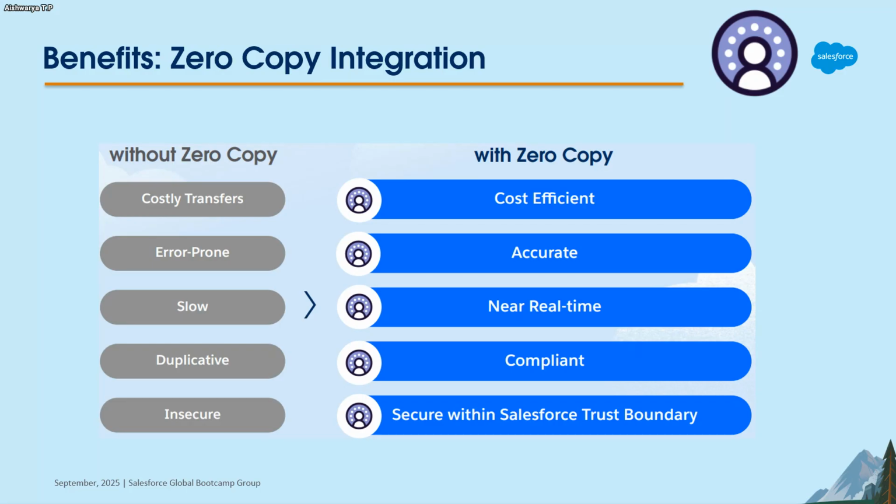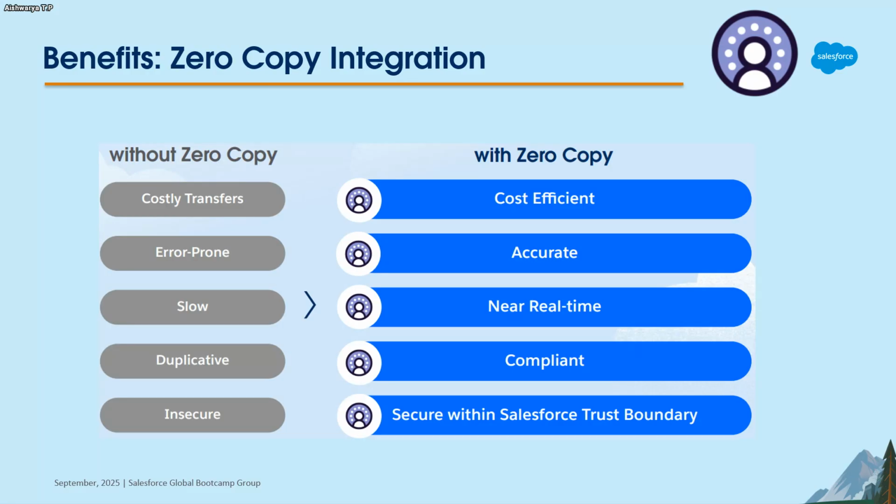Like let's say if there is something related to stock, like product related stocks. So I'll store my stock details in Snowflake, but without zero copy, what's going to happen? If there are some updates, my Snowflake team is going to update it, but that is not in real time with Data Cloud.